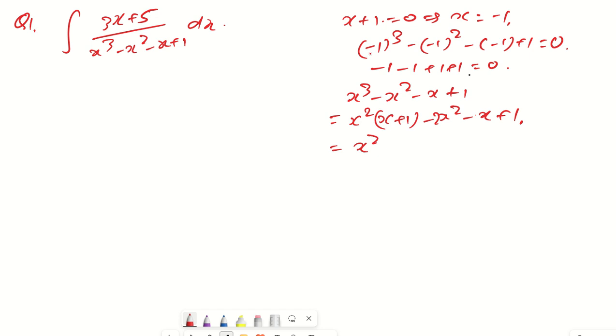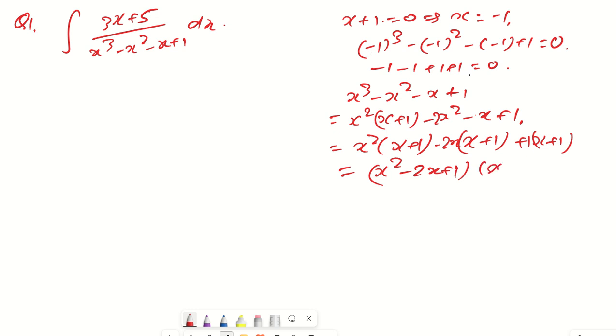Next will be x square into x plus 1. Then again x plus 1 I will write here. Then it will become minus 2x, so I will put plus 2x. So this will become x plus 1, and this 1 can be taken out. So it can be written as x square minus 2x plus 1 multiplied by x plus 1.